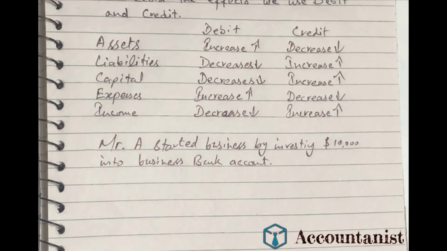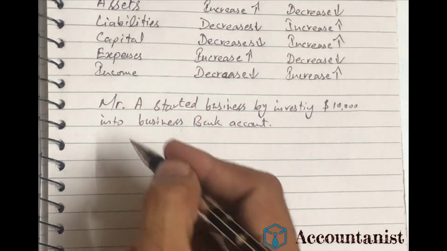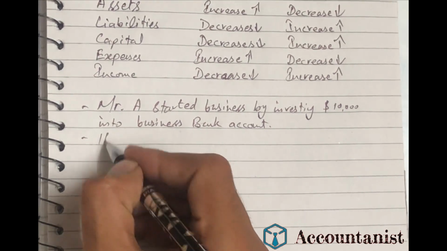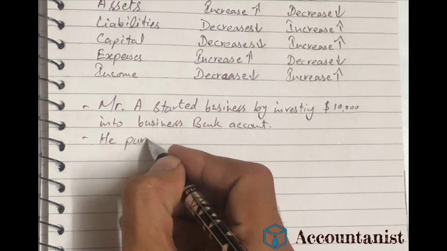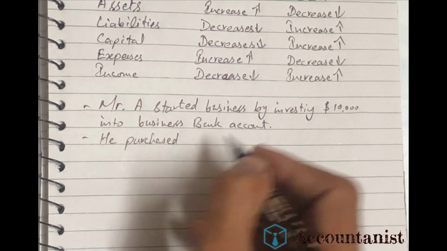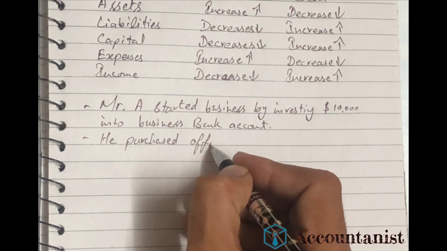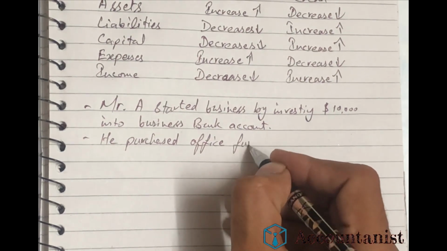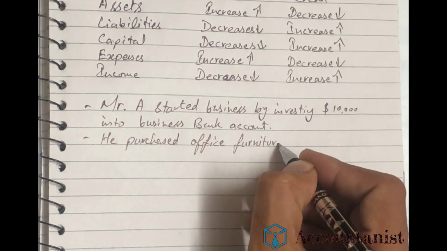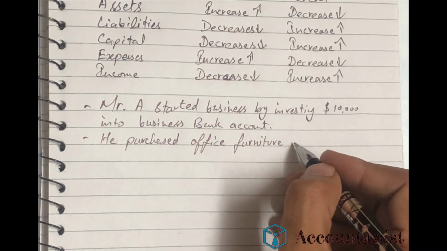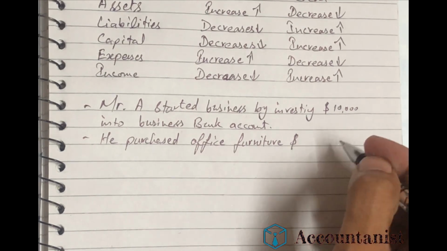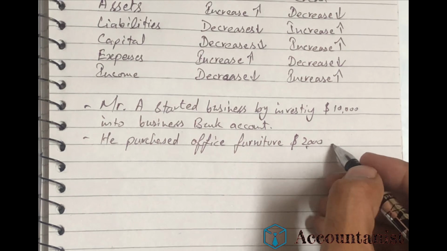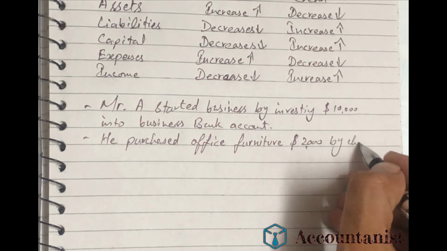The second entry that I'm going to write down here is that he purchased office furniture for $2,000, paying by check.